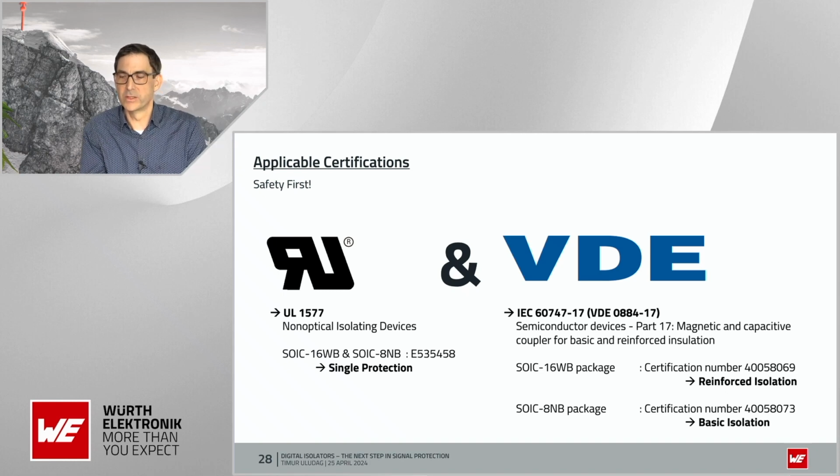And additionally to the 100% end-of-line test, which all our products have passed, the IEC 60747-17 also requires a sample test periodically to ensure the isolation capabilities over time. That means every, let's say, special amount of parts, we have to take out and give to the VDE again, and they make an additional test for us so that we can say, okay, this part is reliable over the whole lifetime.